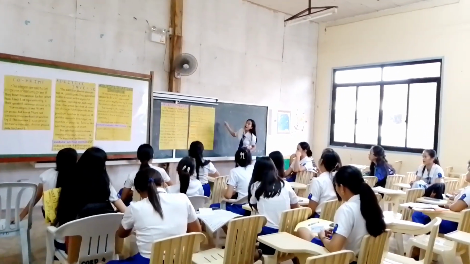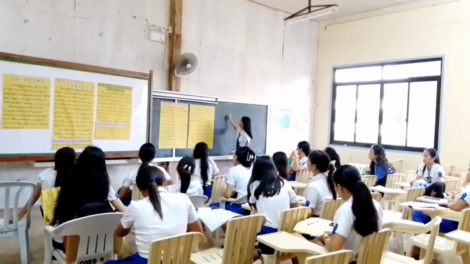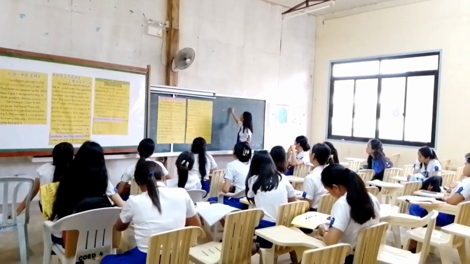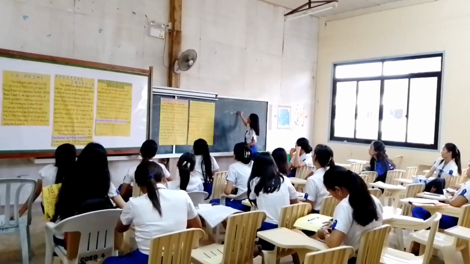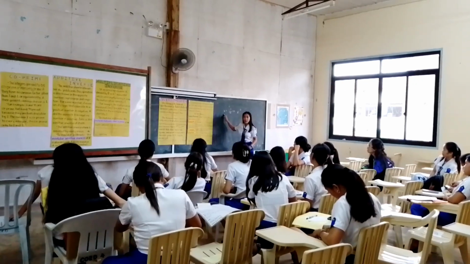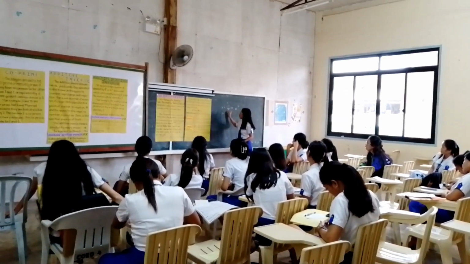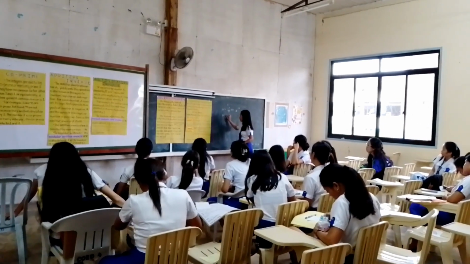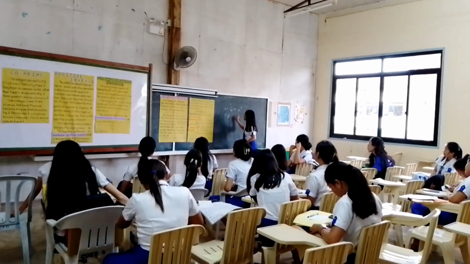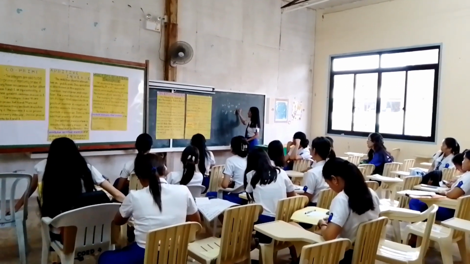The reciprocal of the number x is denoted by 1 over x or x to the power of negative 1. For example, if x is 5, it can be 1/5 or 5 to the power of negative 1.